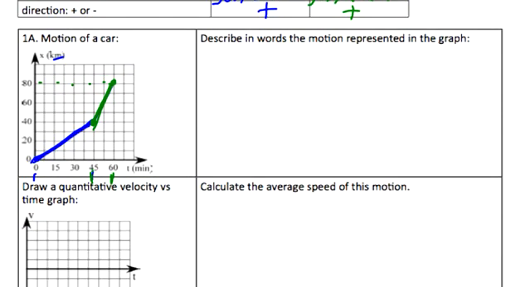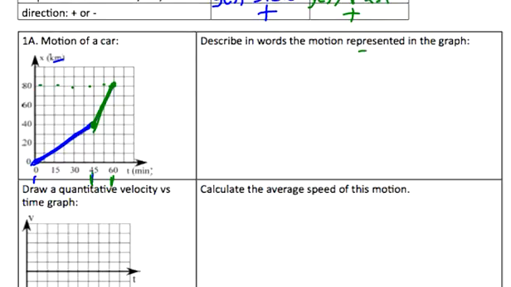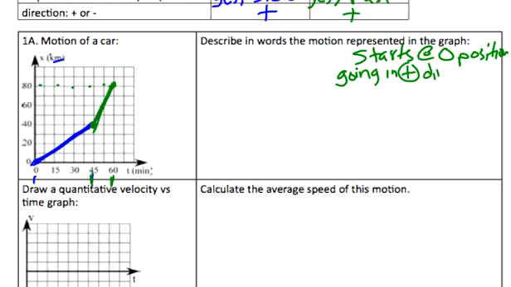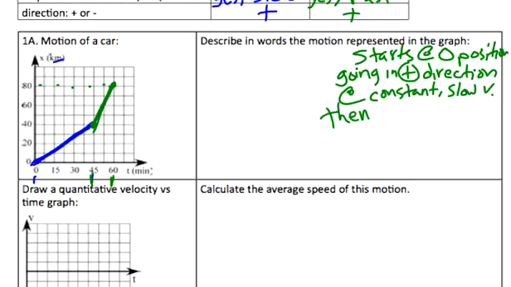Describe in words the motion represented in the graph. Well, it starts at 0 position, going in the positive direction at constant slow velocity, then speeds up.